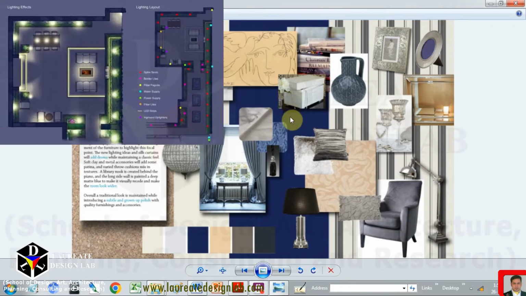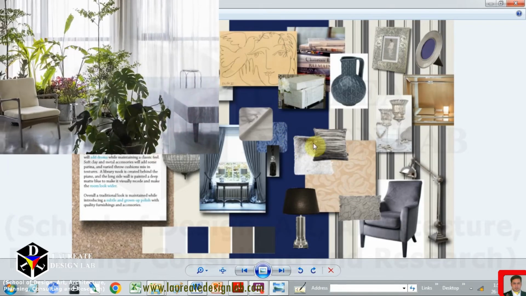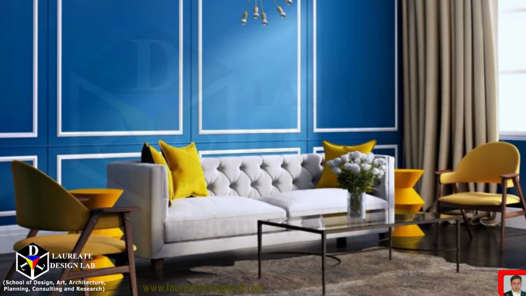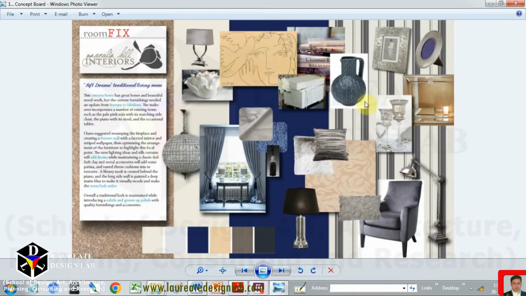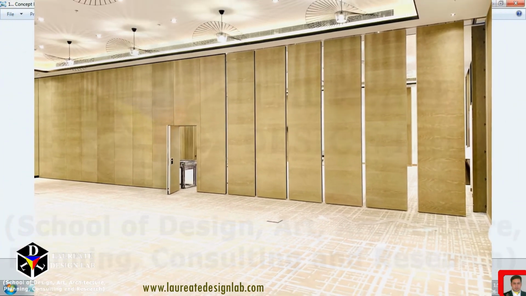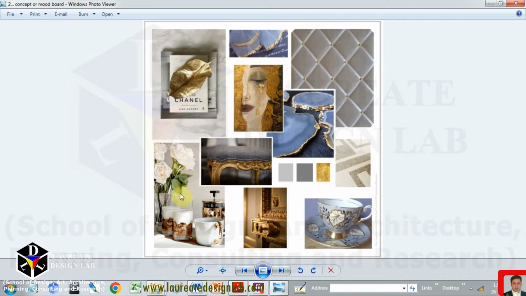Based on that, you select these items for the interiors. Whether it is lighting, curtain, the color of the wall, upholstery, furniture, ceiling work, floor work, wallpaper or cladding or paneling or partition, all these elements can be included in the mood board. See the next one. You can see from the photos what elements are being emphasized.